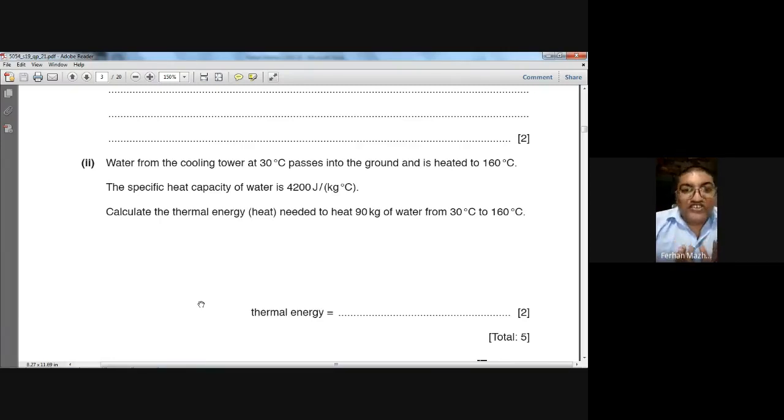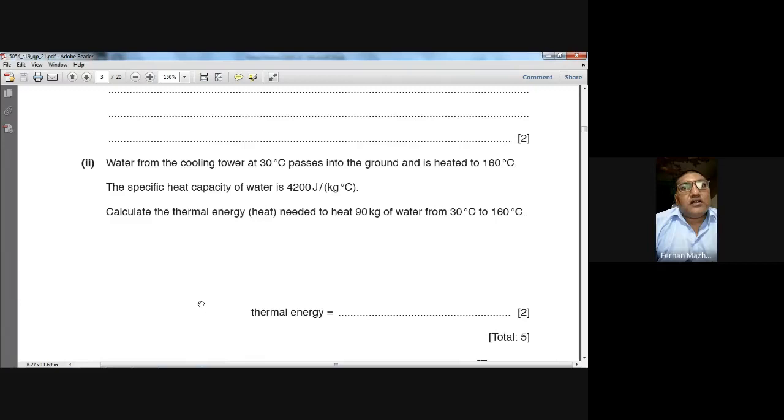Now, it's a straightforward numerical. In this, the specific heat capacity of the water is given. The change in the temperature, the initial and the final temperature is given, so we can find very easily the change in the temperature. The initial temperature is 30 degrees centigrade, the final temperature is 160 degrees centigrade, so you can find the change in temperature.